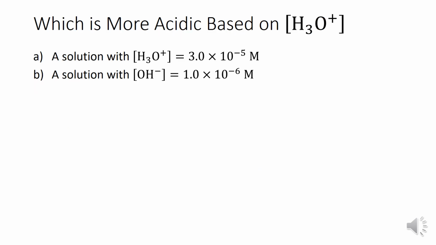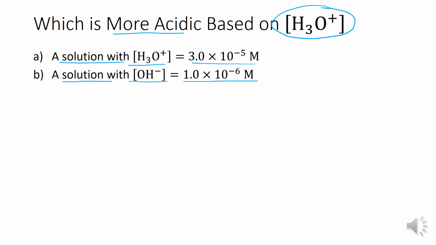In this exercise, we have to determine which solution is more acidic based on the hydronium ion concentration. First, we have a solution with hydronium ion concentration equal to 3 times 10 to the negative 5 molarity. Then we have a second solution with hydroxide ion concentration equal to 1 times 10 to the negative 6 molarity.